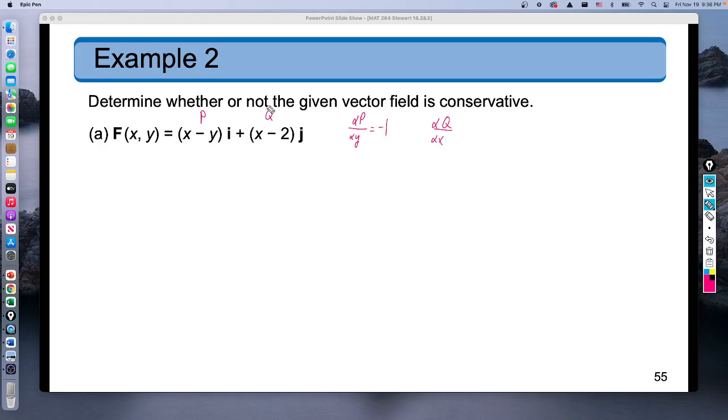Q, we're taking the derivative of Q with respect to x, so x is our variable, so that's 1. The derivative of -2 is a constant, so it's 0. So this one is equal to 1. -1 does not equal +1. These are not equal. This is not conservative.